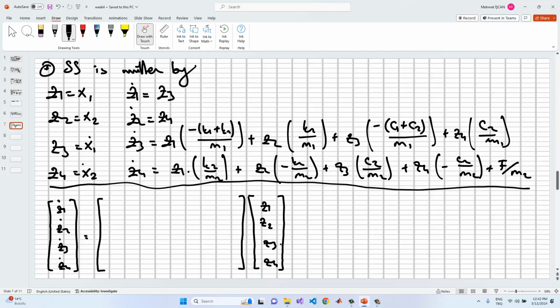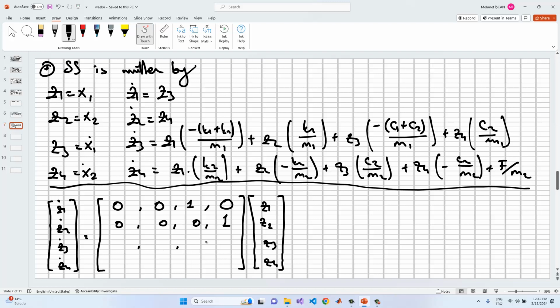The first row is 0, 0, 1, 0. The second row includes only Z4: 0, 0, 0, 1, right?